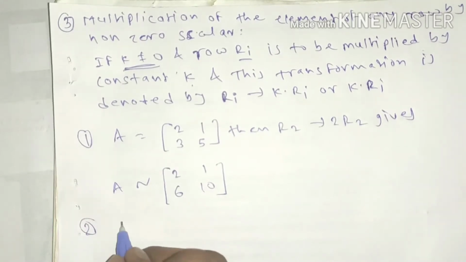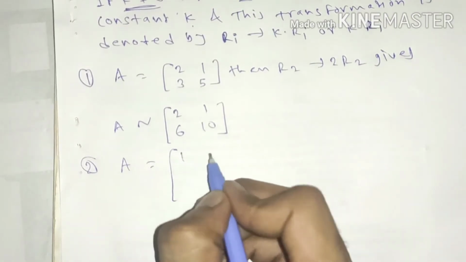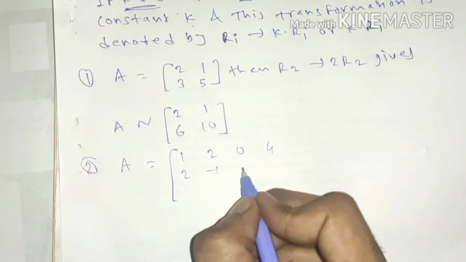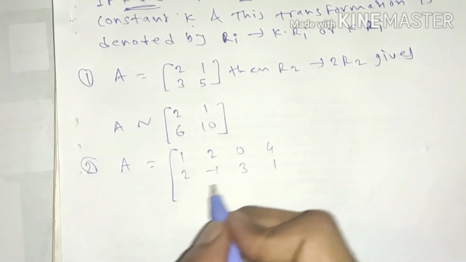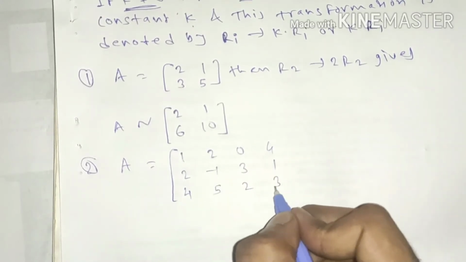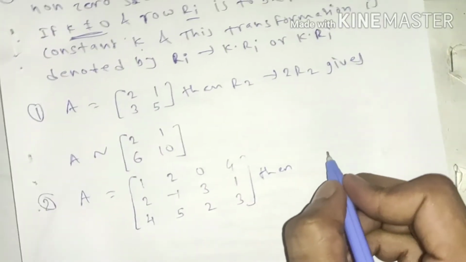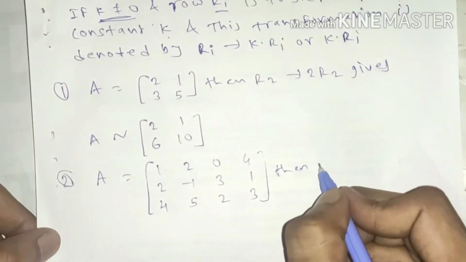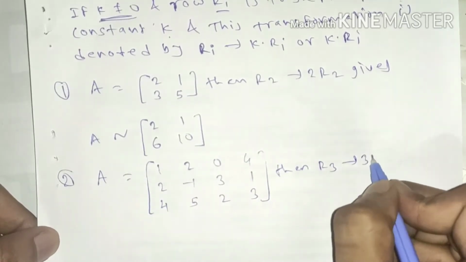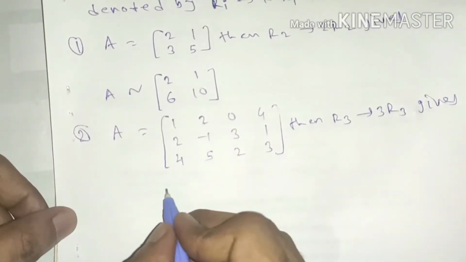Let us see one more example. So A is [1 2 0 4; 2 -1 3 1; 4 5 2 3], then R3 changes to 3 times R3 gives the new matrix.